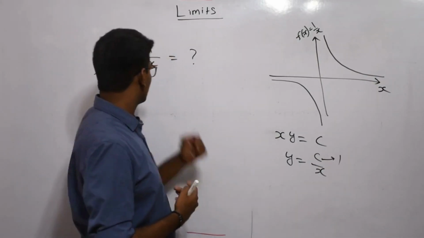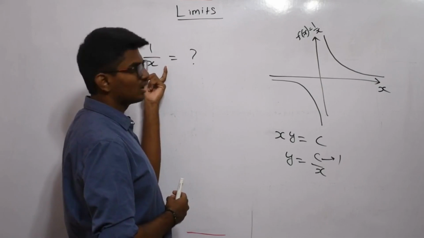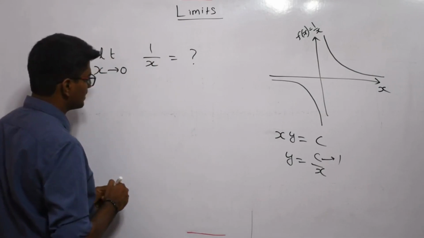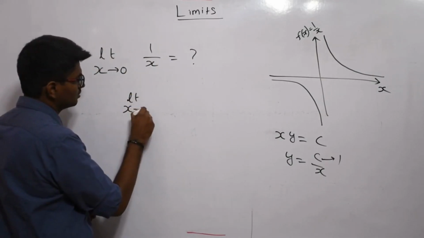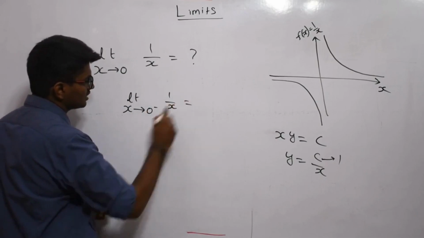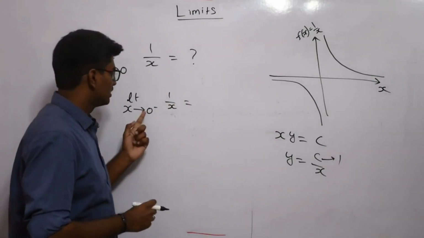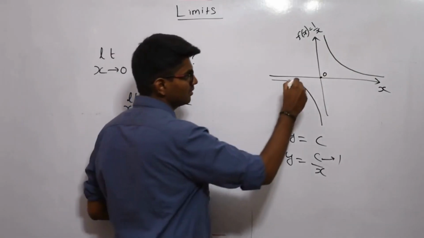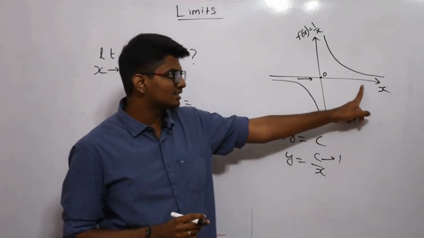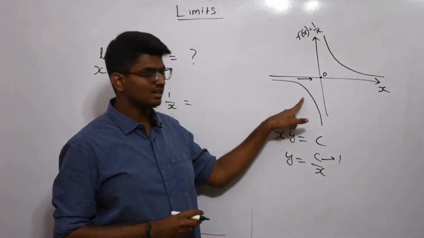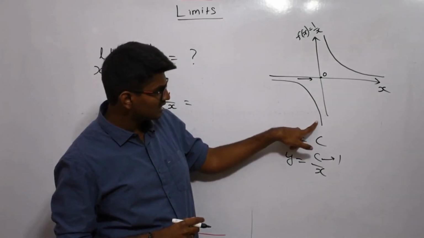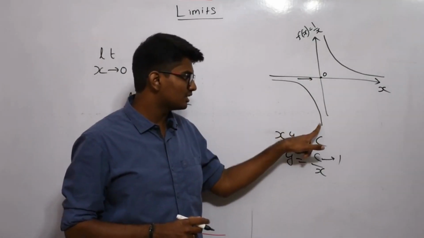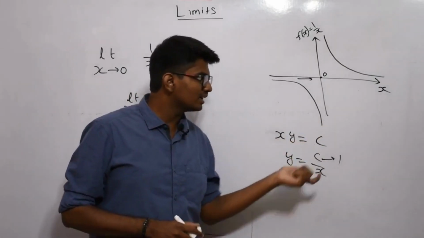So what is happening here? When x tends to 0, what is 1 by x going to do? We need to find both cases. One is the left hand side limit, x tends to 0 minus of 1 by x, where we approach from the left hand side. When I move from the left hand side on the x axis, how is f of x varying? As my x keeps approaching 0, f of x keeps going down on the negative side.